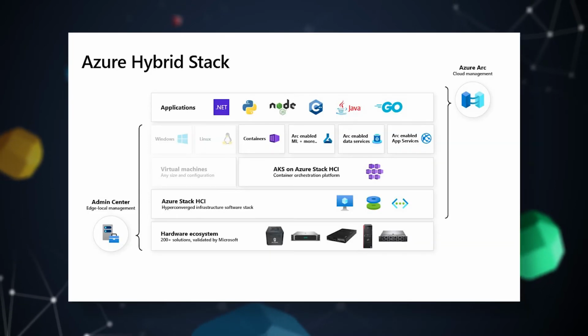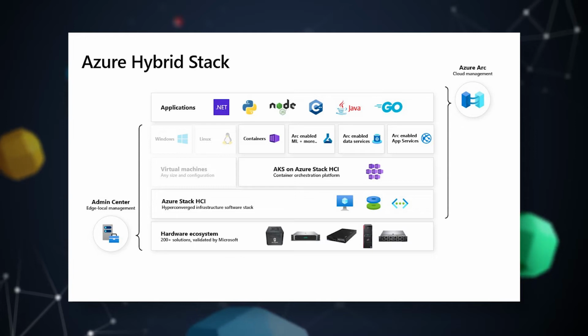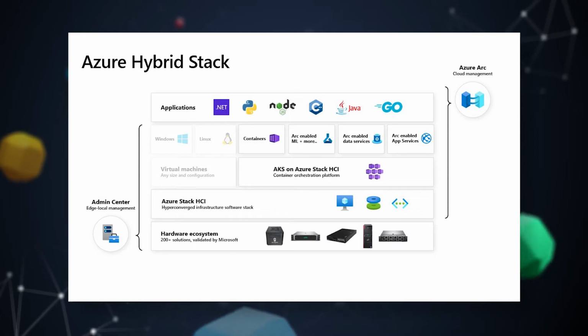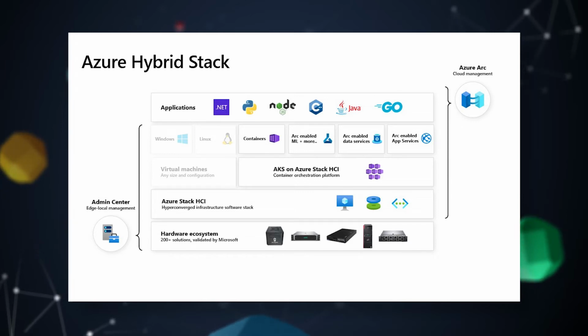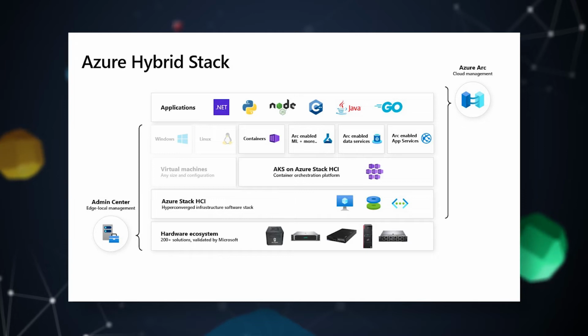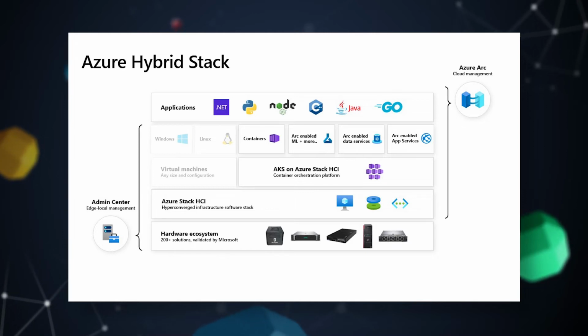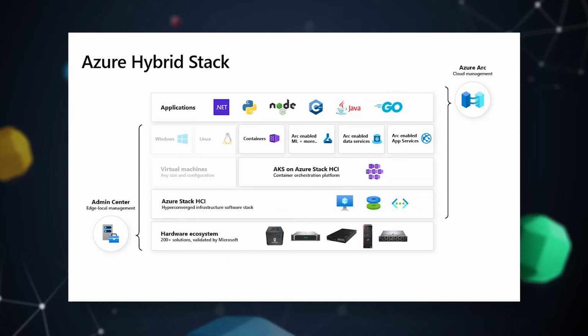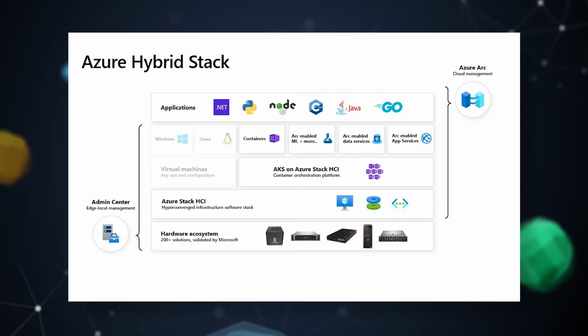When you look at this diagram, there's the hardware ecosystem of our close partners that are building various form factors and various performance, compute and network capable underlying infrastructure or hyperconverged infrastructure that's validated by Microsoft. On top of that, we lay down Azure Stack HCI, our platform to run both containerized Windows .NET as well as Linux-based applications on our hypervisor.